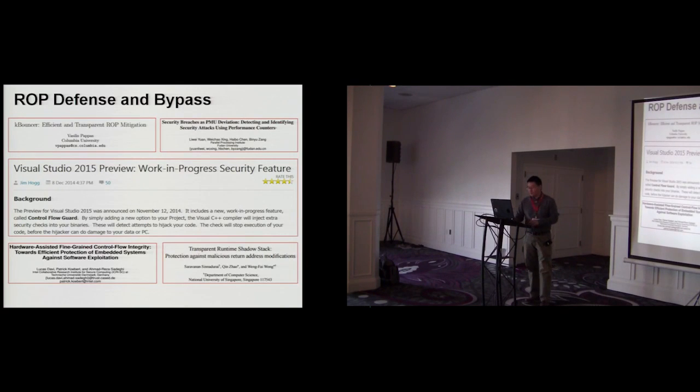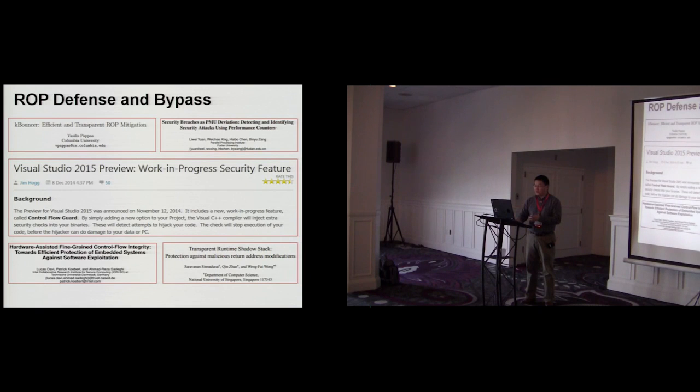Now we talk about the ROP defense and the bypass part. We have lots of defenses already in place, and some coming. For example, a couple of years ago, people did research on kBouncer, trying to use it to detect ROP. A couple of people also used the PMU, the mispredict, this kind of thing, to identify ROP attacks.